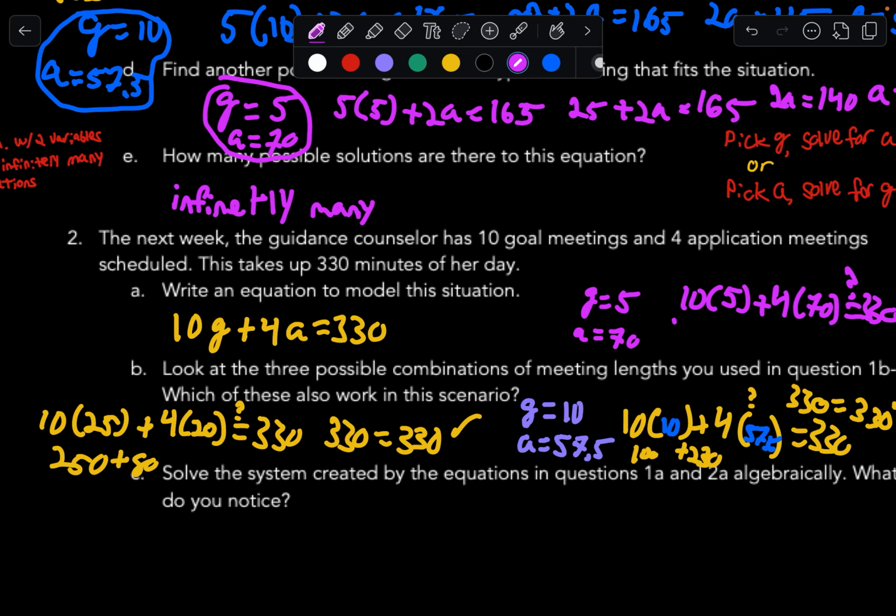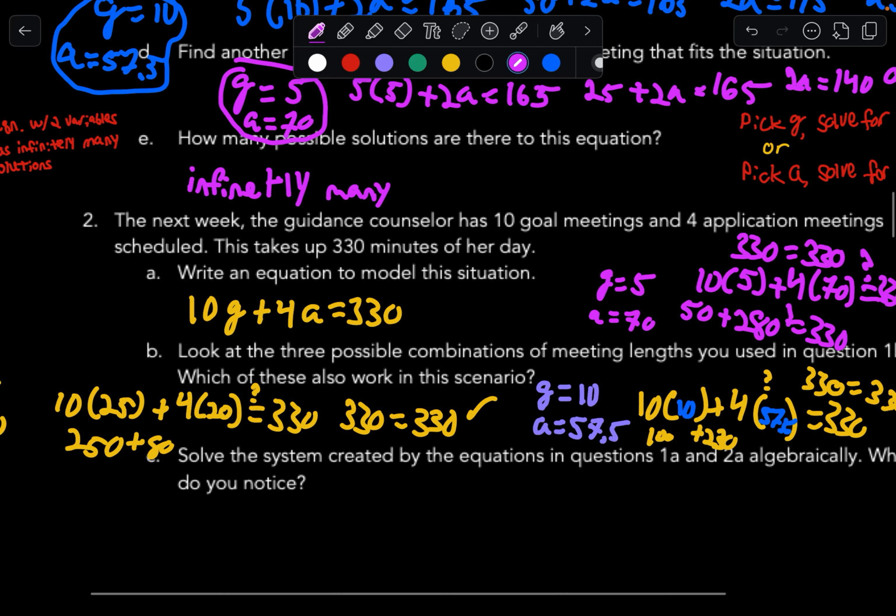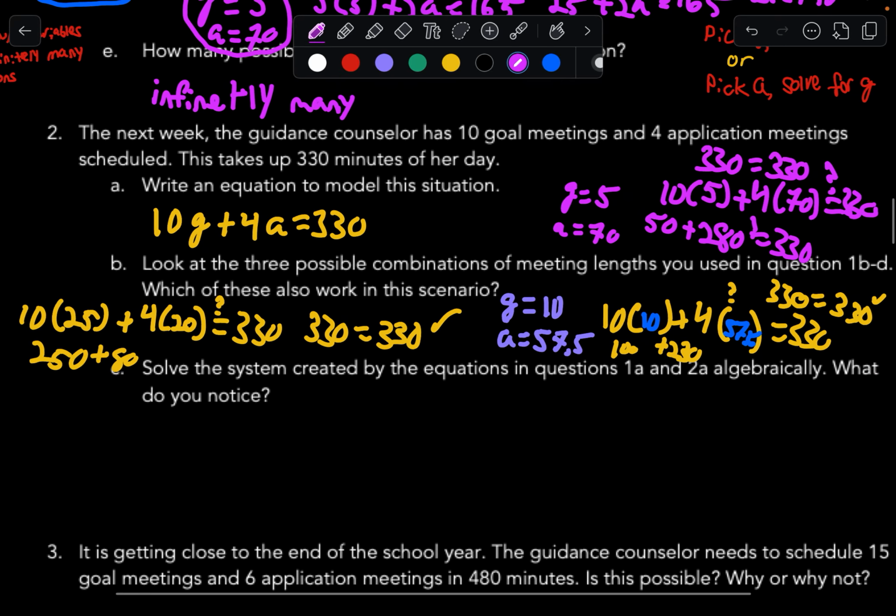Well, 10 times 5 is 50, plus 4 times 70 is 280. And 50 plus 280 is 330. You notice, every point that was a solution of the previous equation is a solution of the second equation.